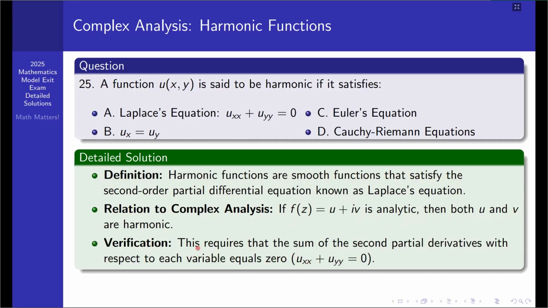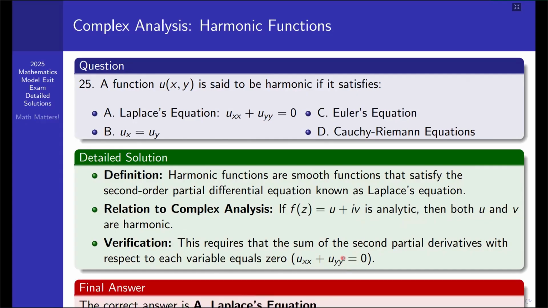The verification requires that the sum of the second partial derivatives with respect to each variable equals 0, that is u_xx plus u_yy is equal to 0, which is Laplace's second order partial differential equation. Therefore, the answer is A, Laplace's equation. That means a function u of x, y is said to be harmonic if it satisfies this second order partial differential equation, simply the Laplace equation.